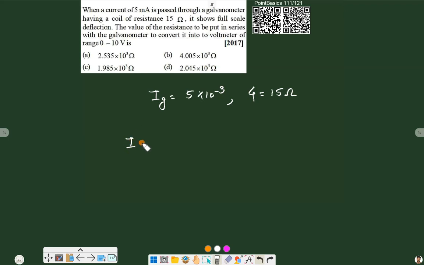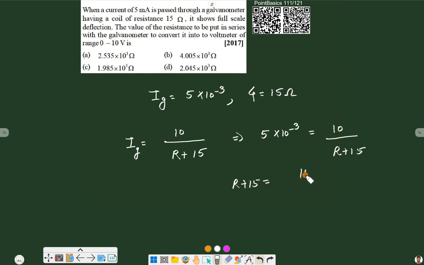So we know that Ig will be 10 divided by resistance plus resistance of galvanometer, that is 15. So using these values, 5 into 10 raised to power minus 3 is equal to 10 by R plus 15. From here, R plus 15 is equal to 10 divided by 5 into 10 raised to power minus 3.